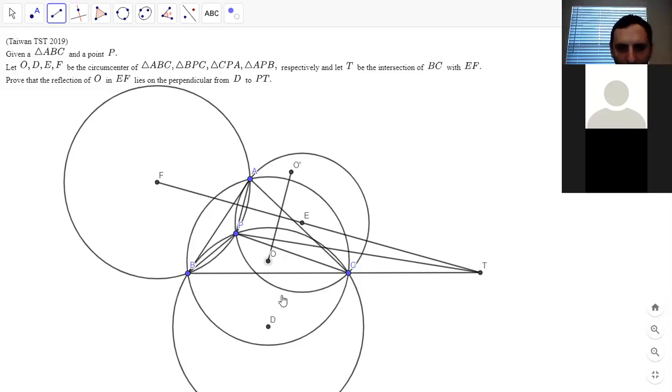This almost looks like orthologic triangles again. So we have O prime D is perpendicular to PT, and then we have OD is perpendicular to BT, and then OO prime is perpendicular. It feels a lot like orthologic triangles to me, kind of. Let's see.